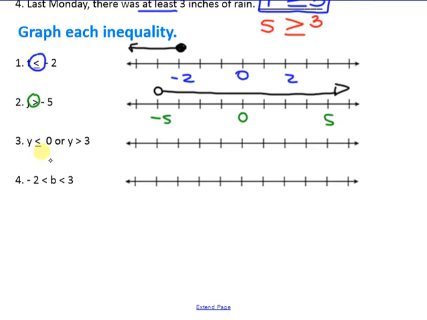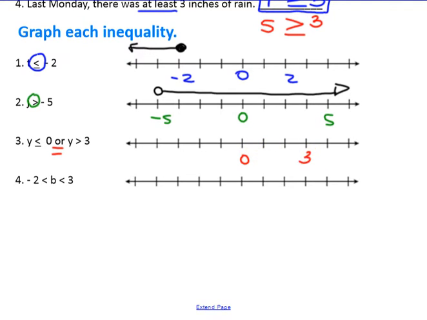All right, so for number 3, we have an OR statement here, okay? So Y is less than or equal to 0, or Y is greater than 3. So I should have 2 arrows, and since it's OR, they're going to be going in opposite directions, okay? So here I have 0, 1, 2, 3.